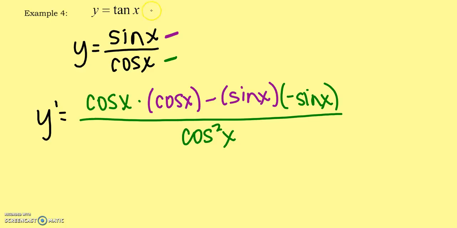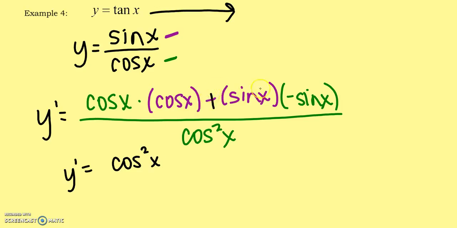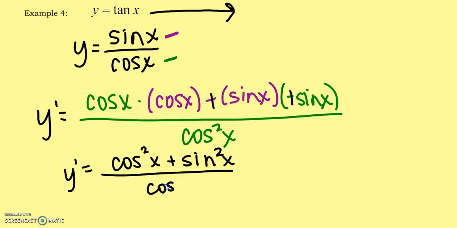but since we're trying to find a nice rule for taking the derivative of tangent, we are going to do a little bit of cleanup here. So I'm going to say this is y prime equals cosine squared x plus sine squared x all over cosine squared x. Now, we can't cancel these quite yet, right, unless we split this into two fractions. You can't just go like this and say it's sine squared.